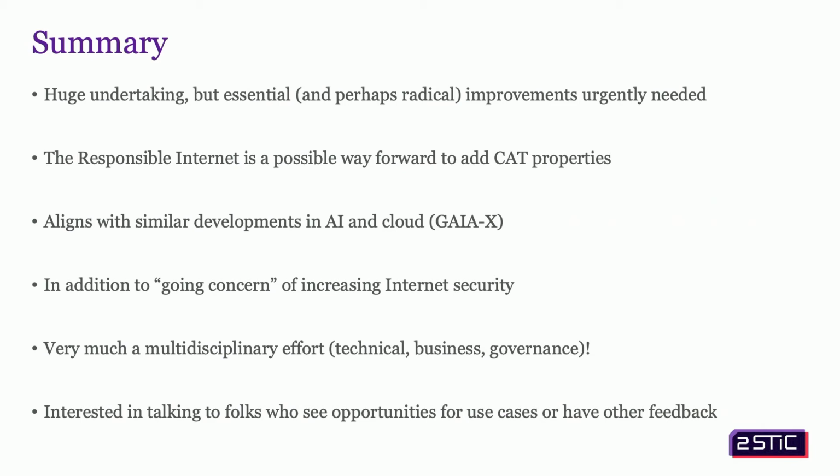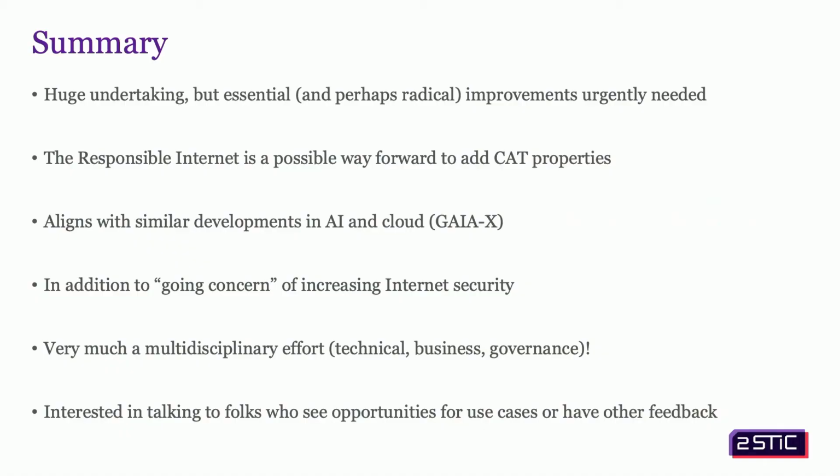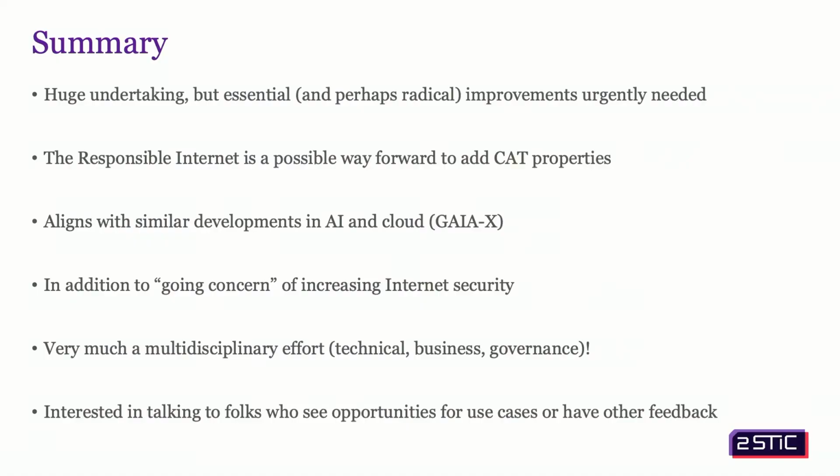And we think it also aligns with similar developments elsewhere. So it's not a purely technical effort. It's very much multidisciplinary. We also need to interact with the verticals that I spoke about. So it's not something that technical folk can do in isolation. And I'd be very interested to talk to people here in the audience about what they think of it, and perhaps to collaborate.